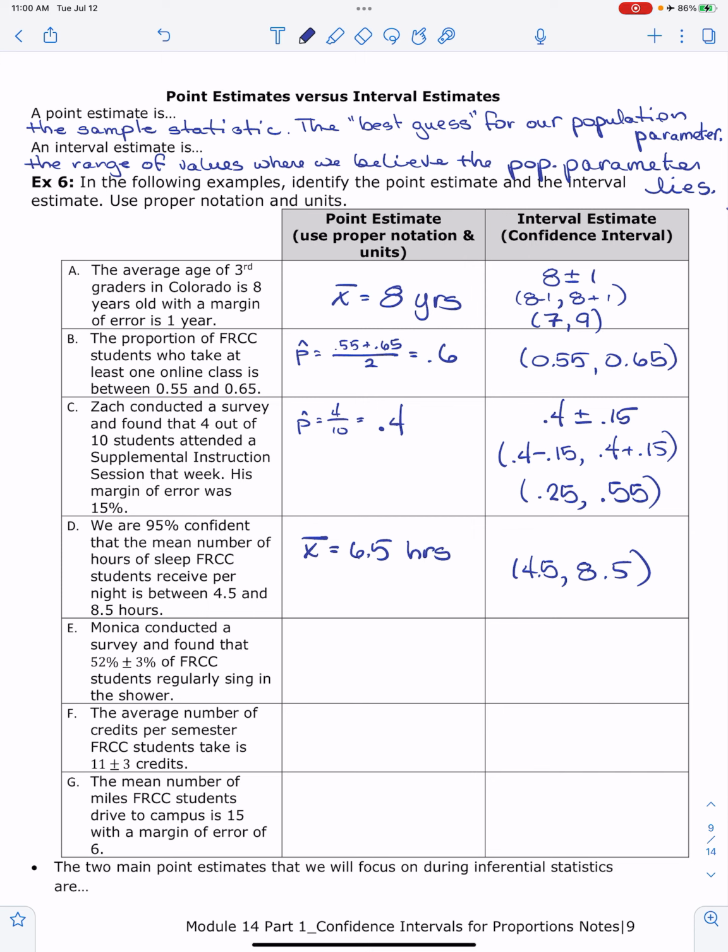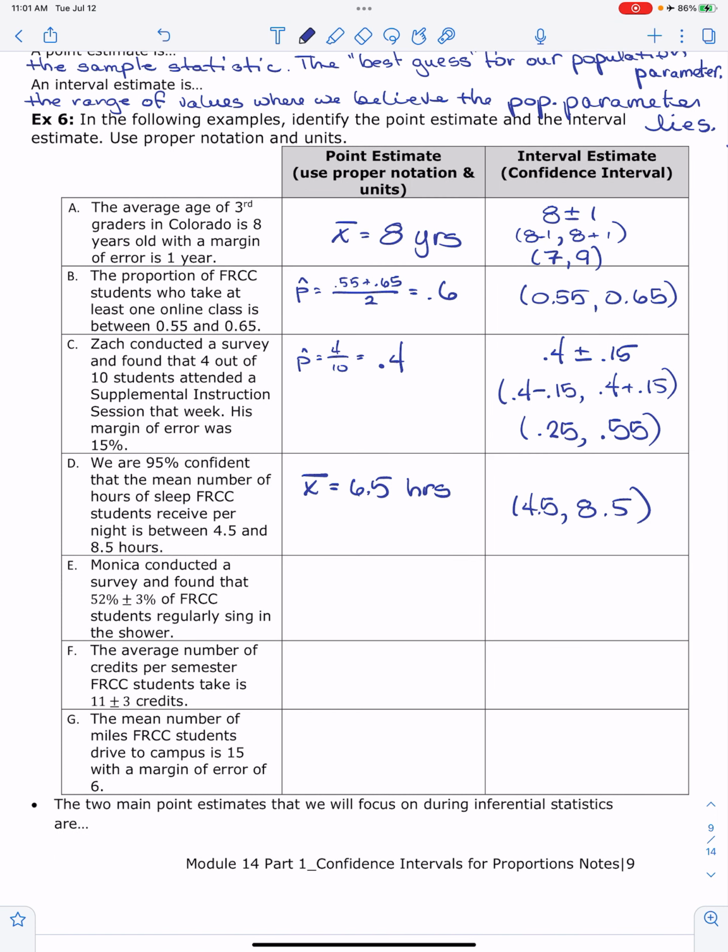Now notice on my sample means I have got units, hours, years, not on the proportion. That's telling me the part of the population. So we know it is 40% of the students who attended the supplemental instruction session, but it doesn't make sense to say 0.4 students.